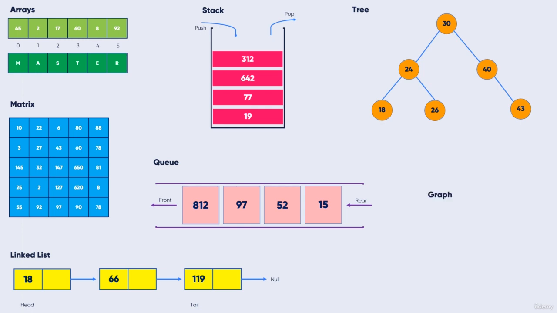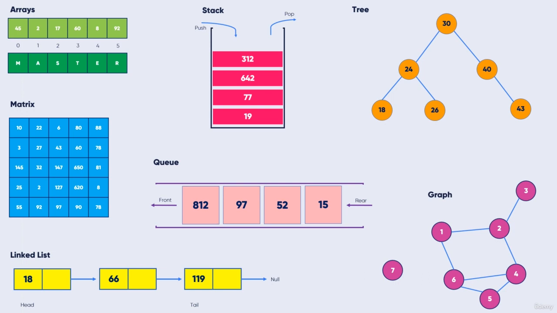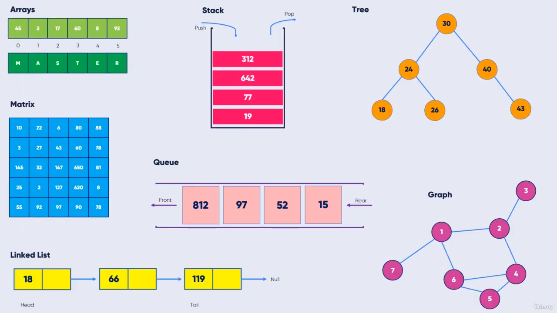Another one is the graph. Graph is a data structure where data is stored in a collection of interconnected vertices or nodes, and edges are the paths. Some applications of a graph are Facebook's Graph API, which uses the structure of a graph for data organization, and Facebook, Instagram, and all social media network sites.